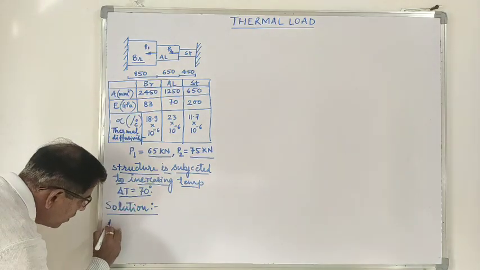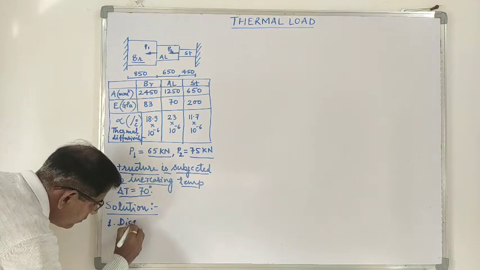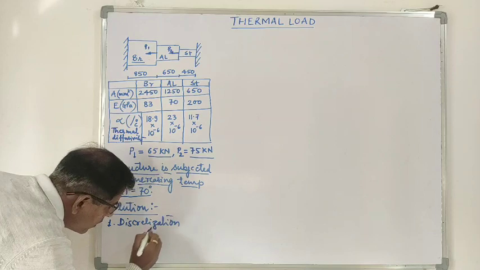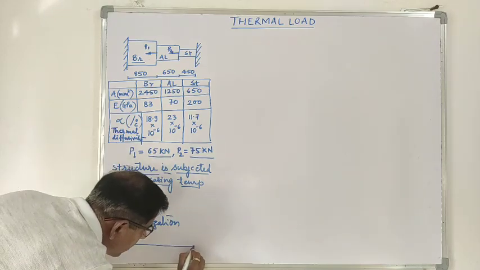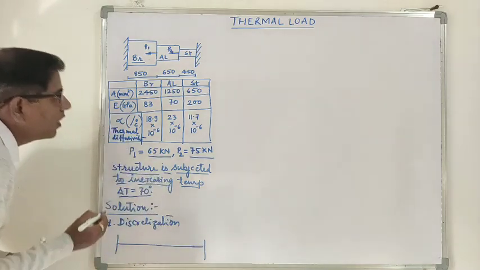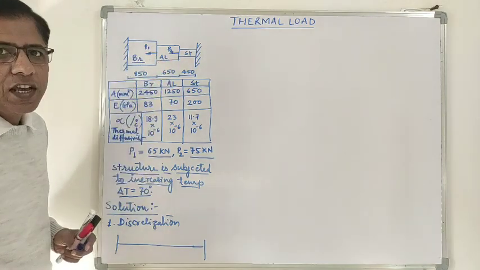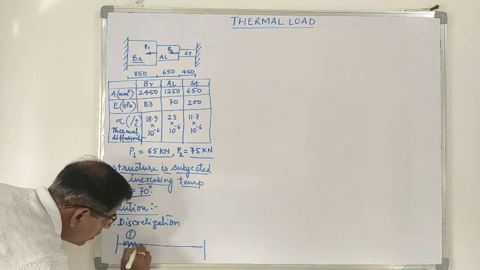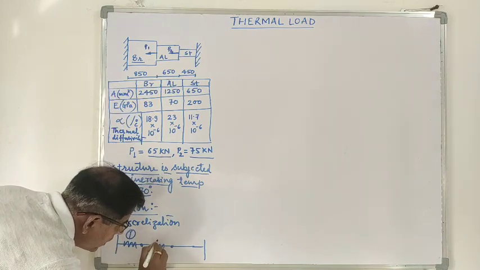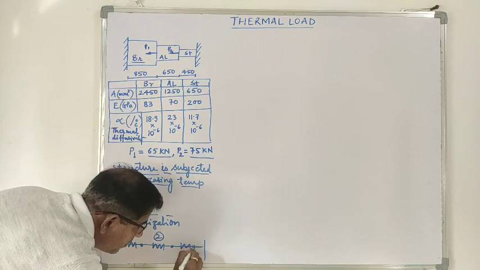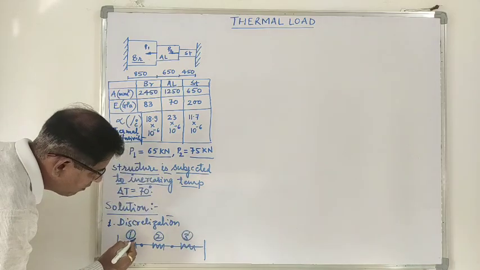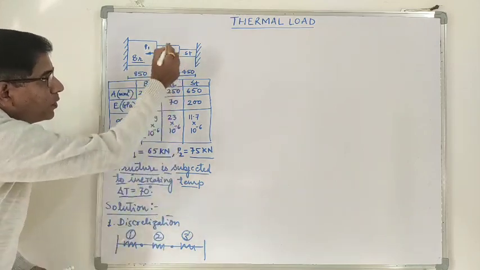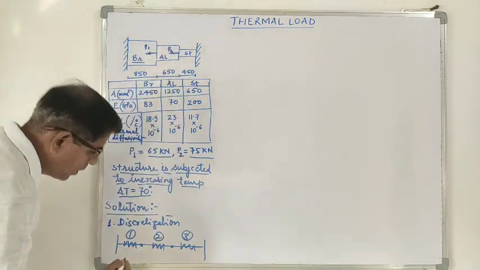Our first step is discretization. We will discretize the shaft into three elements: element number 1, element number 2, and element number 3. Element 1 is brass, element 2 is aluminium, and element 3 is steel.